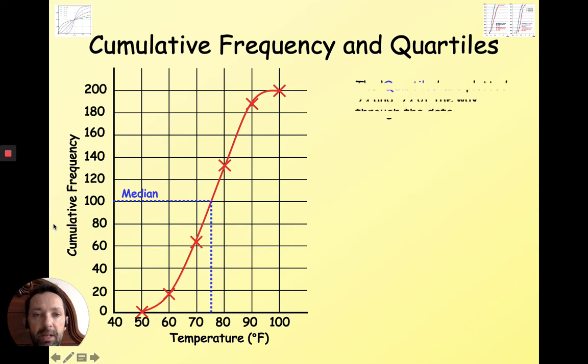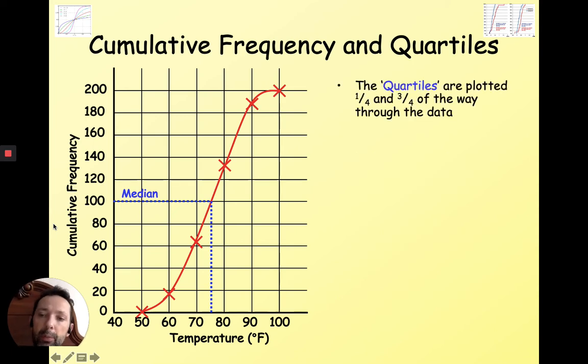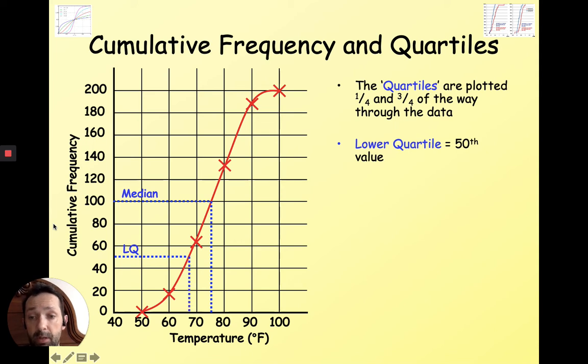So that's our median. The quartiles, we say they're the lower and upper quartiles, and we also have a thing called an interquartile range, which is just the difference between the lower and upper quartile. Nevertheless, it's 1/4 of the way and 3/4 of the way through the data. So the lower quartile here will be at the 50th value, which we can estimate to be about 67.